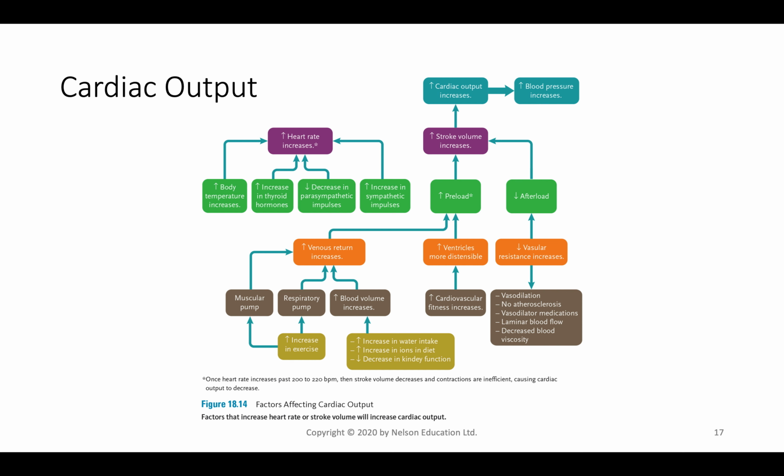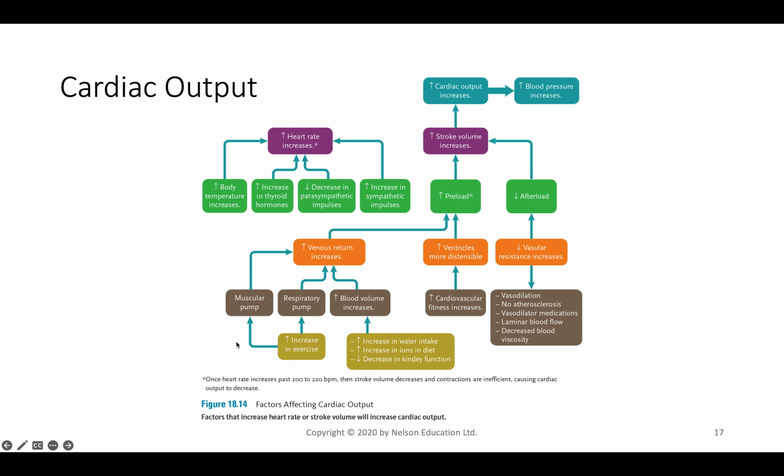How much blood comes in, as well as how much blood can we accommodate inside the ventricles. How distendable are they? And distensibility is going to be related to your cardiovascular fitness, which you can increase by diet and exercise, etc. And the venous return is going to be related to three things: the amount of blood volume that you have, the respiratory pump, which is how much blood is coming back in from your respiration, right?